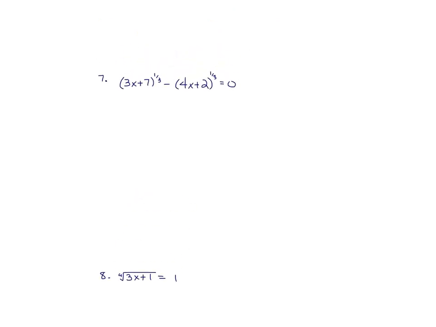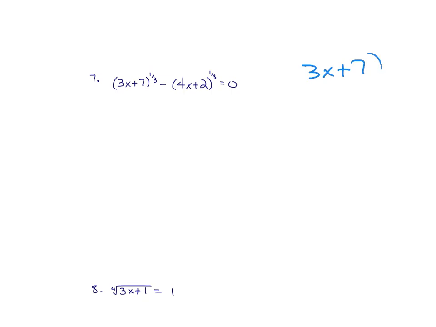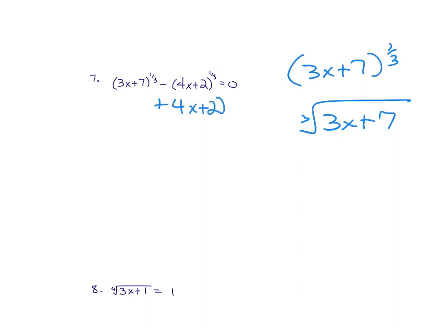Next one. Again, remember this (3x plus 7) to the 1/3 power is the same thing as saying the cube root of that. So again, I'm going to isolate it. I'm going to move this one over to the other side. Add it to both sides.